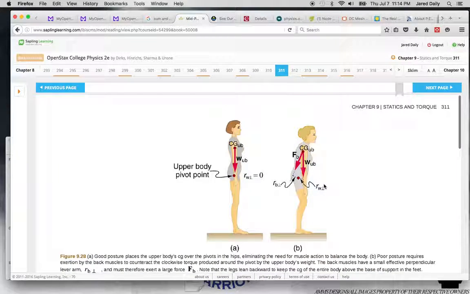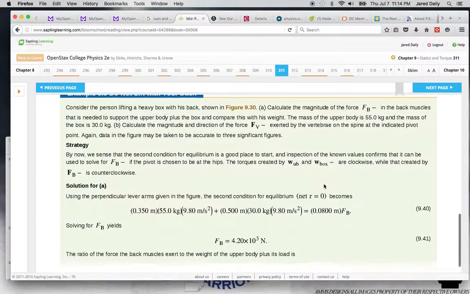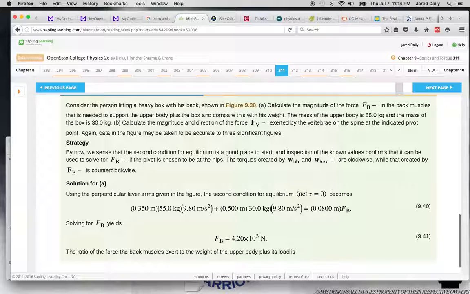Let's see if I can see where the distance is in that problem. Right here they say they have this force in the back muscles. They're going to lift a box that's 30 kilograms, and then they tell you the distance. In this case, it's 0.35 meters, so 35 centimeters along the back. And then this one's half a meter here.